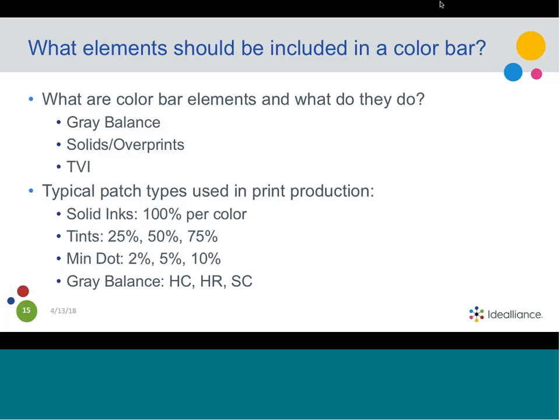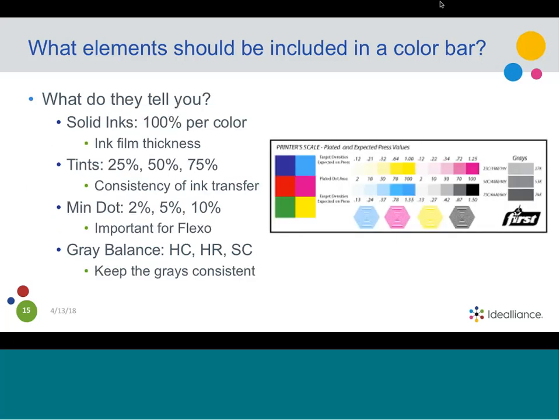And let me have Bruce talk just a little bit about some of the things that are in a color bar. Yes, solids are almost always the primary patches that are in a color bar. I like to think of the cyan, magenta, yellow, and black as an ink film thickness gauge, and that's what the operators actually use when they're running the press.